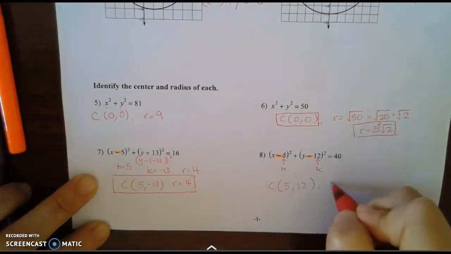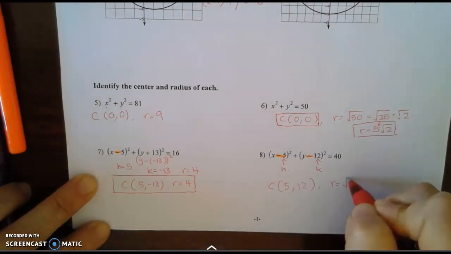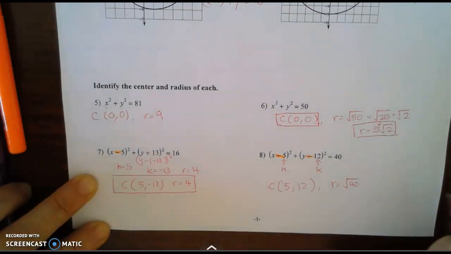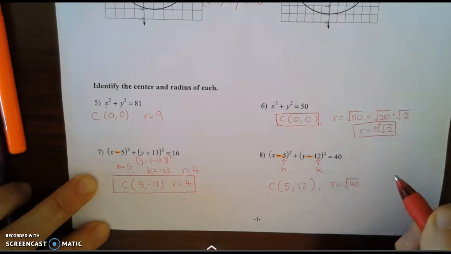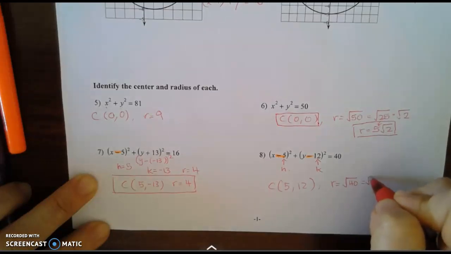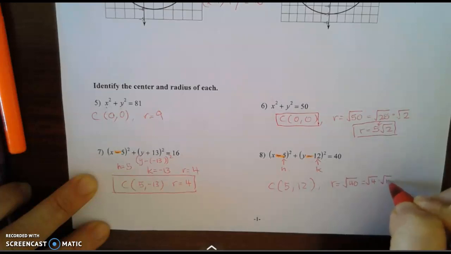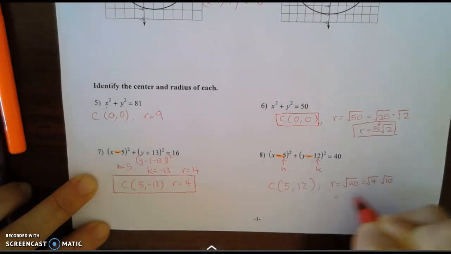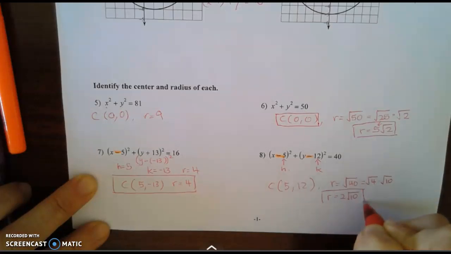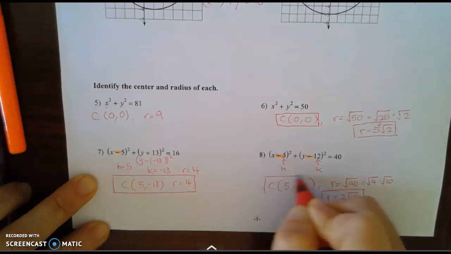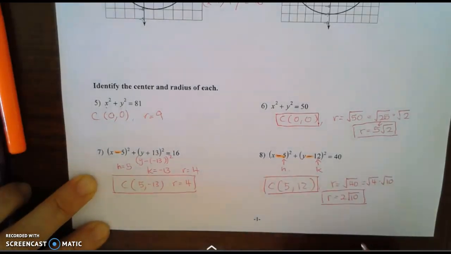The radius is square root of 40. Okay, square root of 40. Can we simplify this any further? Is 40 a multiple of a perfect square? Yes, it's 4 times 10. And what is square root of 4? It's 2. And then we still have square root of 10. So r is 2 root 10 and c is 5, 12.